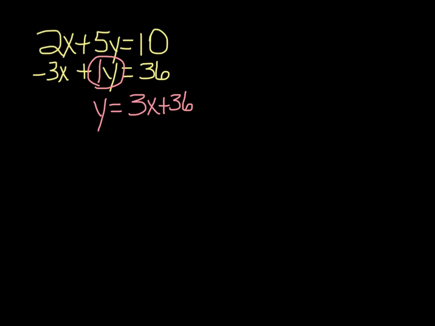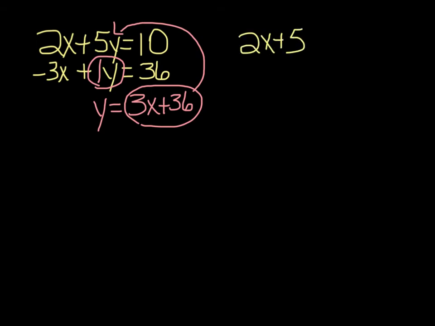Now we have an expression that y equals 3x plus 36, so we're going to substitute it in for y in the other equation, because that is what y equals. So that's going to give us 2x plus 5 times, what did we say y is? 3x plus 36. And that's going to equal 10.